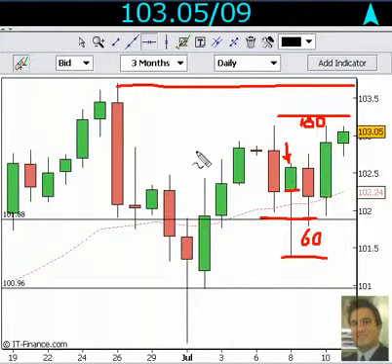So just to recap, we're looking at pin bars and using the halfway point of the pin bar as an entry on the next day. And just remember that your stop loss should typically be at least below the low of the pin bar, or obviously if it's a pin bar to the downside, we can have it above the pin bar.